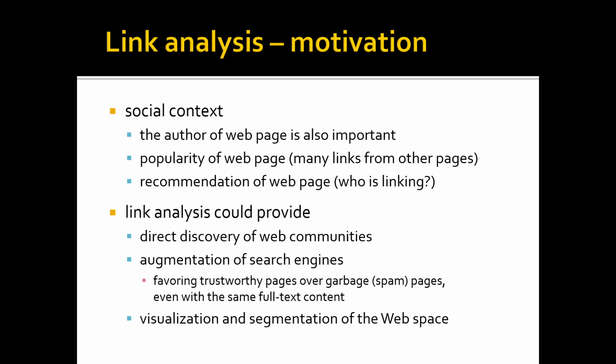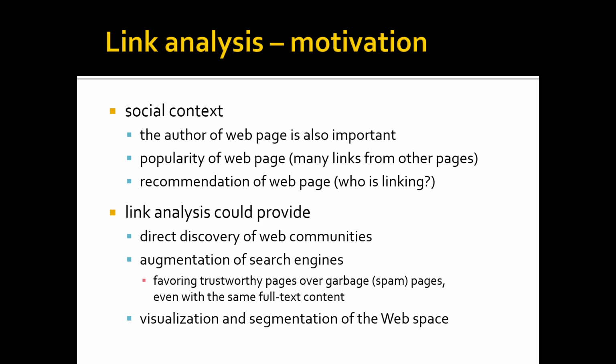the graph discovery, basically. So what we can do, we can directly discover web communities as some patterns in the graph, but we can also just compute statistics on top of the graph properties, basically doing some analytics, doing some aggregation, and augment existing search engines by these new statistics to better filter out spam or garbage pages, or generally low quality information.